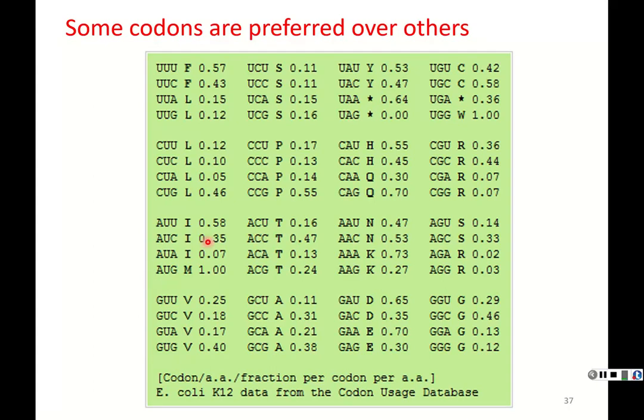But if we look at, let's say, isoleucine, that's been our example so far, there are 3 possibilities, right? And the codons, they're not equal in their usage. This first one, AUU, is used the majority of the time, 58% of the time. The second one is used 35% of the time, and then this one, AUA, is used only 7% of the time.